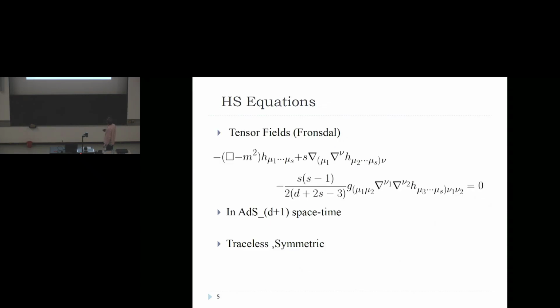So just to spend a couple of words on what I mean by this higher spin theory on AdS and the sphere. Usually higher spin theory would be described in terms of a sequence of fields with tensor indices, which are symmetric and traceless.